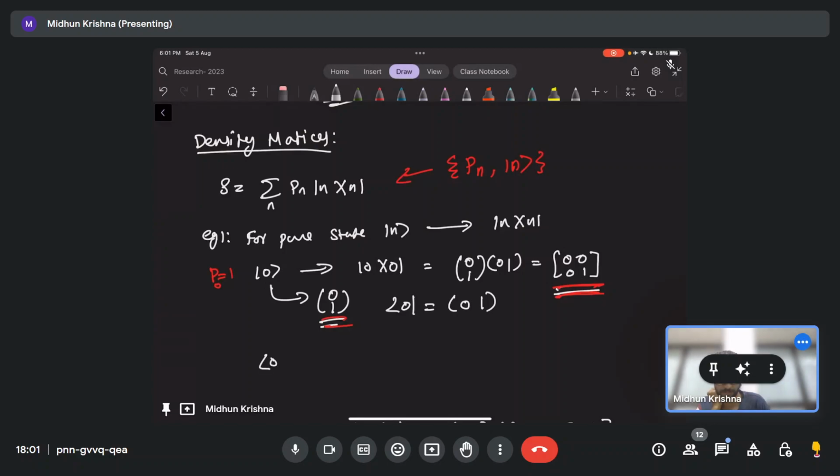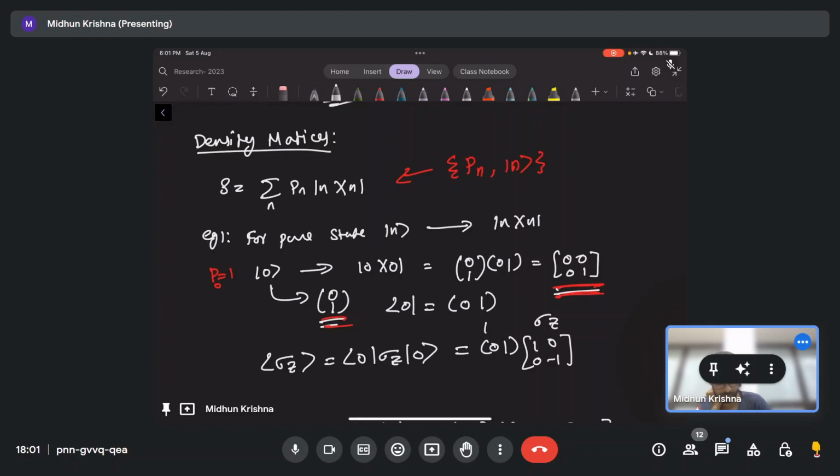So if I need to find the expectation value of sigma Z in this case, if I'm looking at the pure state perspective, this is what I should compute, right? So it's basically 0, 1, 1, 0, 0, minus 1. This is the sigma Z operator.